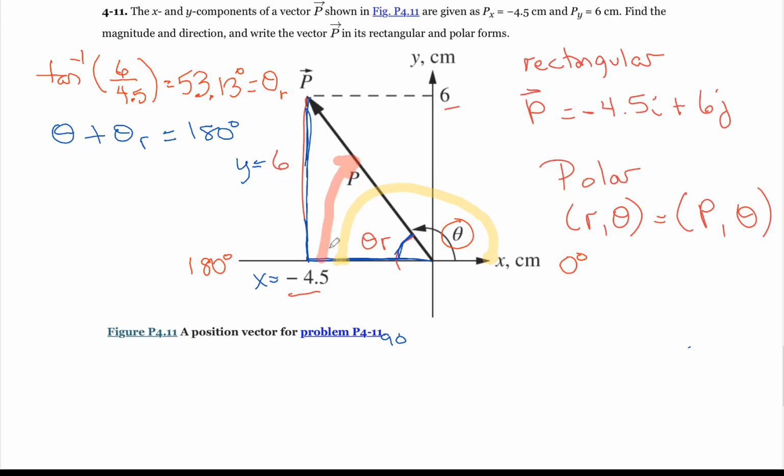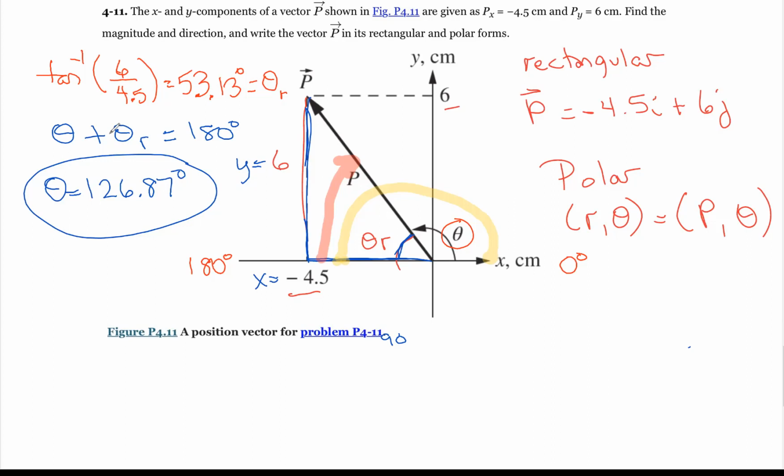So the yellow is a positive angle, so I have 180 minus the reference angle. Now we can figure it out. We just take our number and subtract it from 180, and theta is equal to 126.87 degrees.